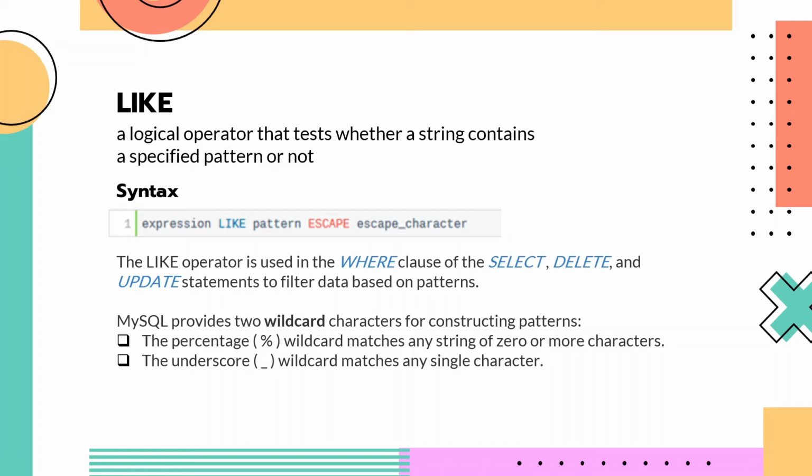The percentage wildcard matches any string of zero or more characters. And the underscore wildcard matches any single character. So if we use percent, we can use it for zero or more characters, but if we use underscore, we can only use it for a single character.